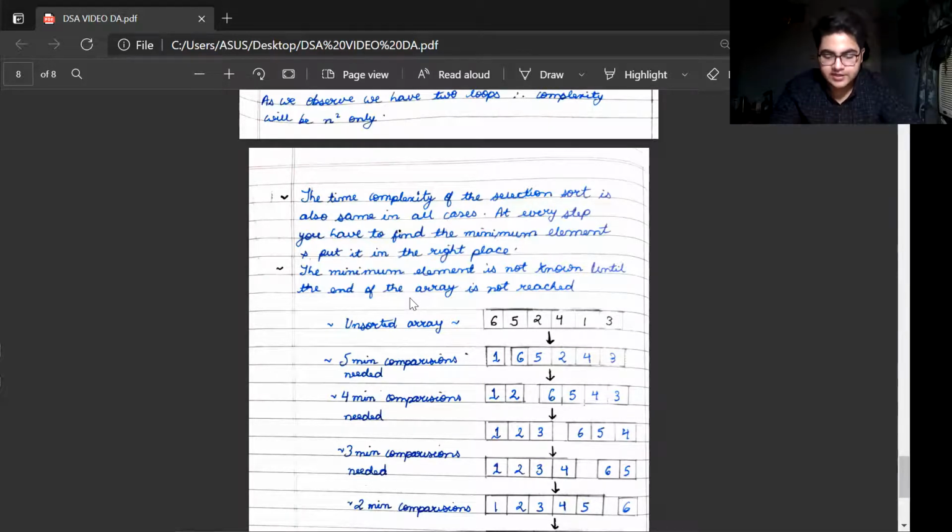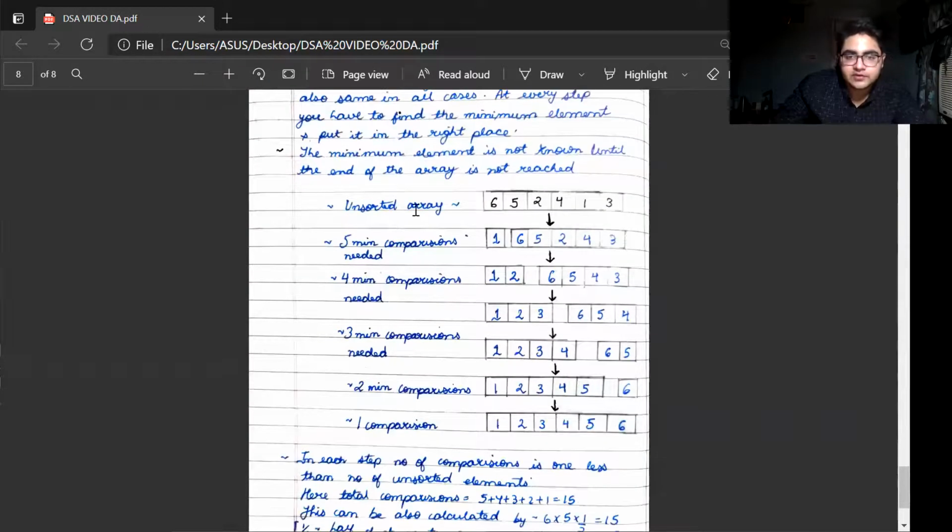Thus we can't obtain separate average, best or worst time complexity. The minimum element is not known until the end of the array is reached; till we reach the end of the array, we can't figure out which is the minimum element.